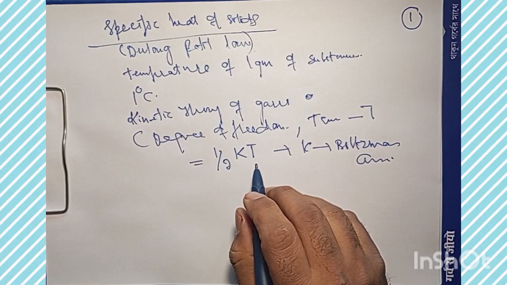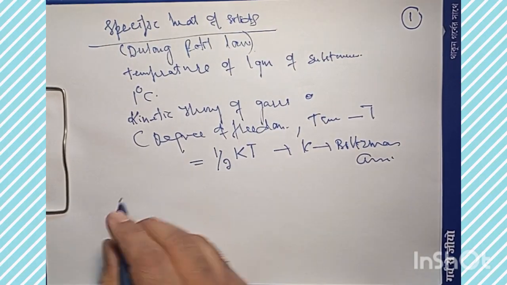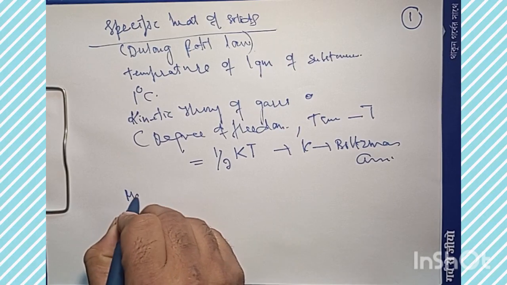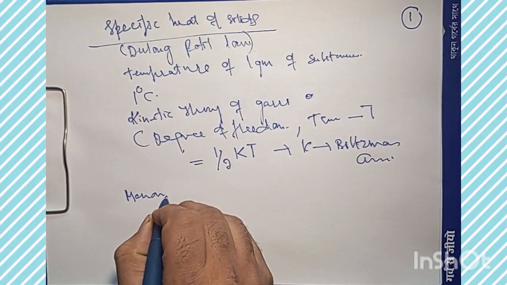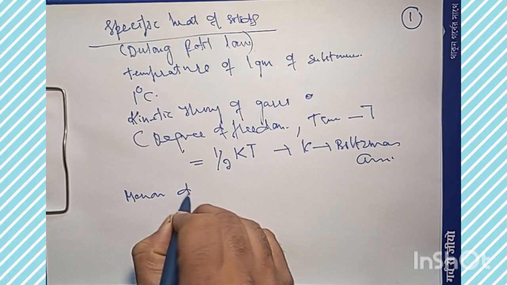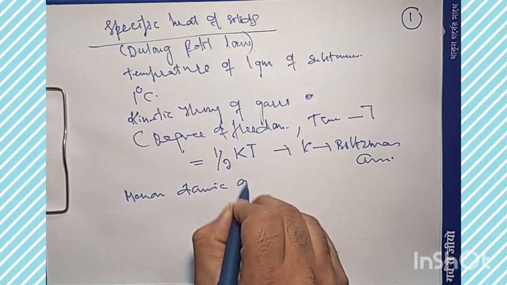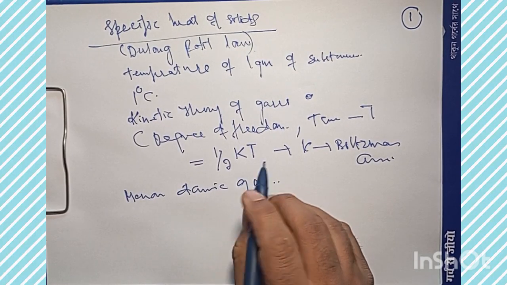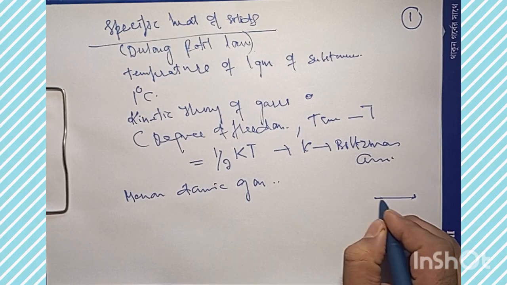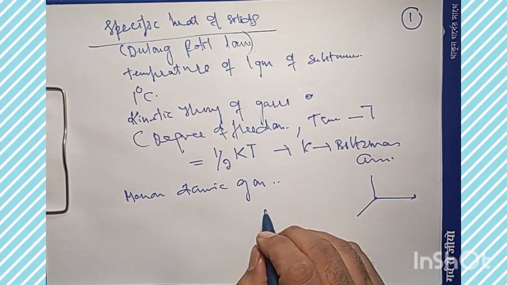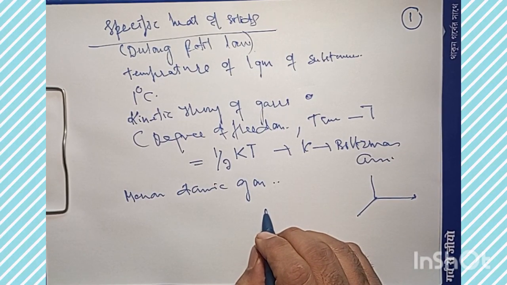And if we assume a monoatomic gas, there are 3 degrees of freedom for a monoatomic gas.